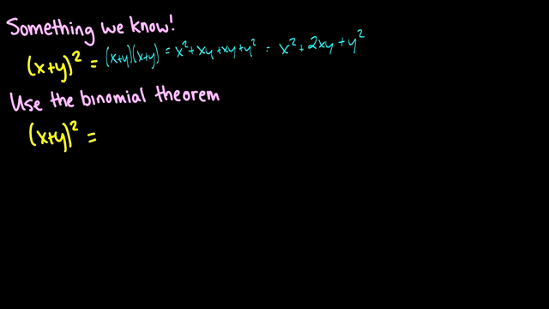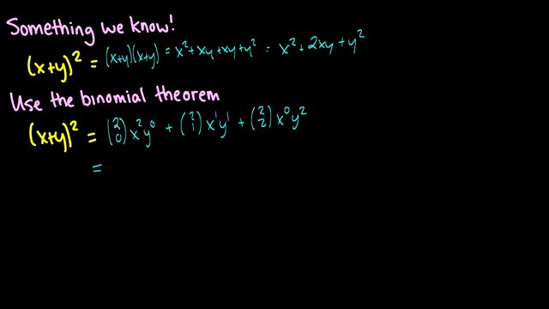Now let's do the same thing using the binomial theorem. First, we're going to have 2 choose 0 times x to the 2 y to the 0, plus 2 choose 1 x to the 1 y to the 1, plus 2 choose 2 x to the 0 y squared.